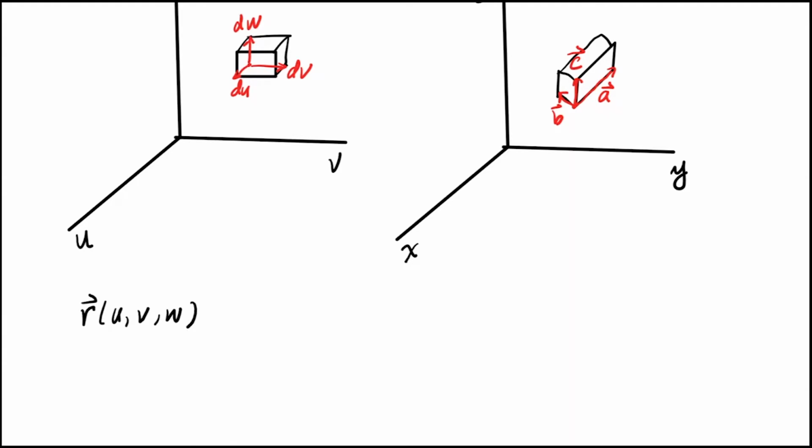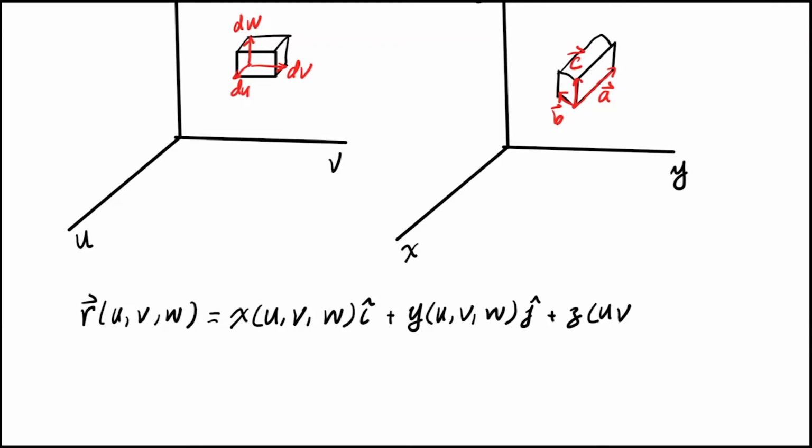And that thing is, of course, a parametrized function with x as a function of u, v, w, i vector, and y as a function of u, v, w, j vector, and z as a function of u, v, w, k vector.